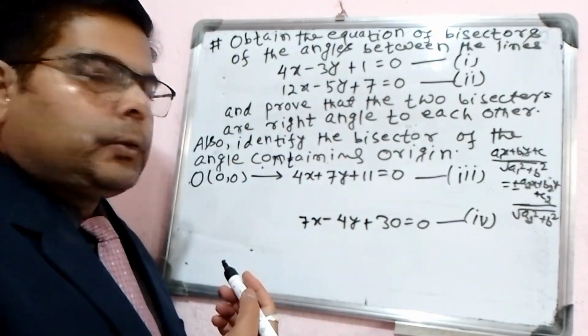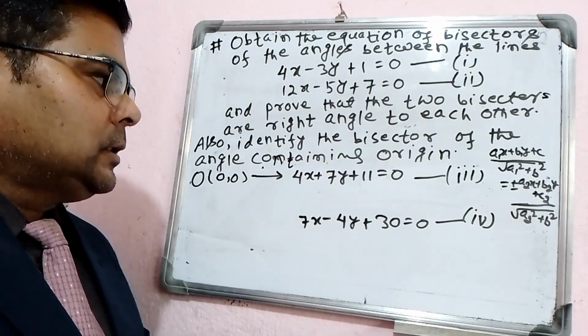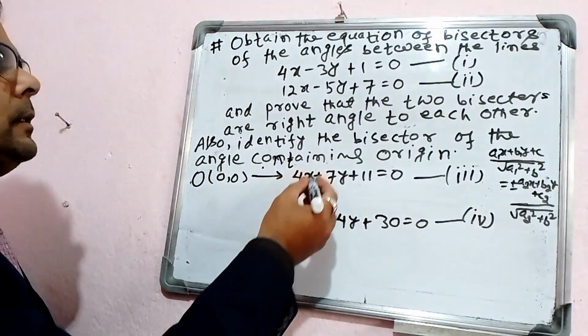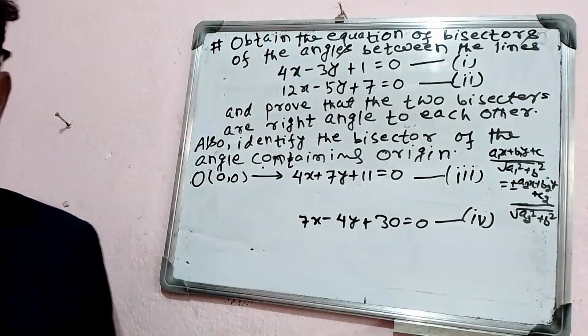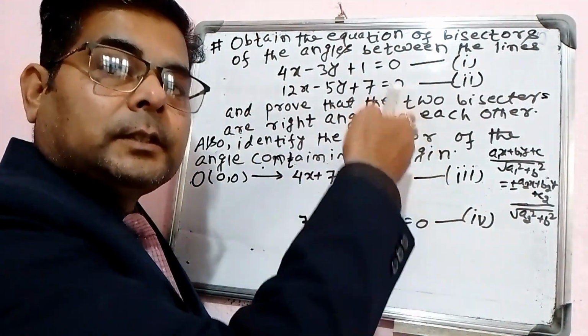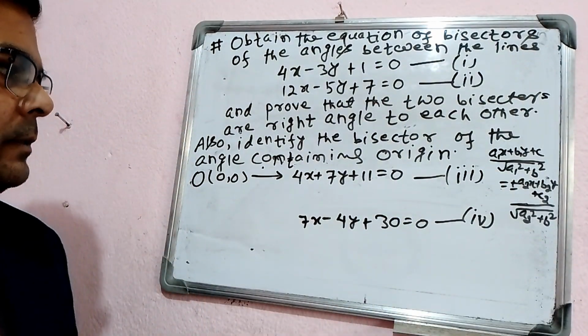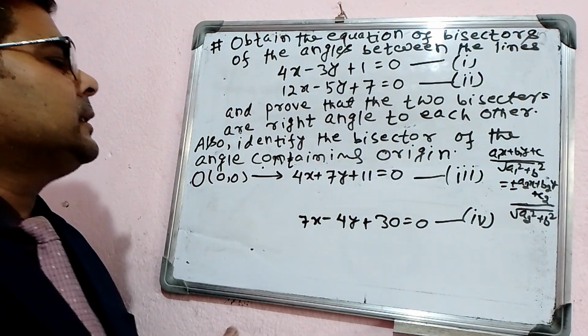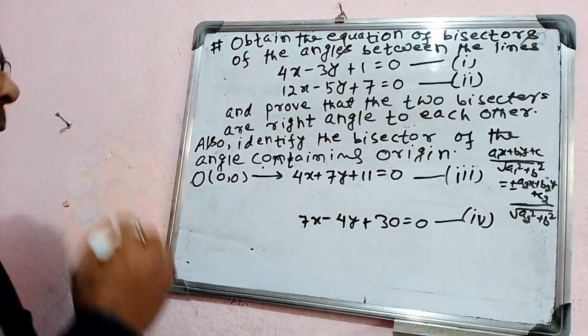So by observation you can say that yes, these two lines are perpendicular to each other. And also you can go through the slope of the line. If the product of the slopes of these two bisector lines is -1, in that case also you can say that these two bisector lines are perpendicular to each other.